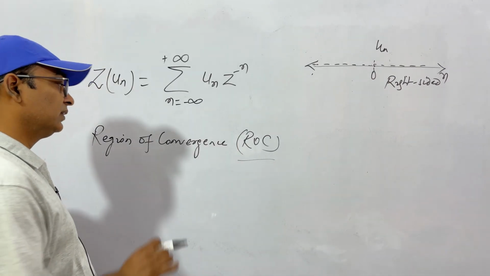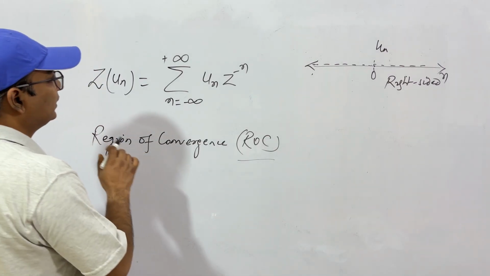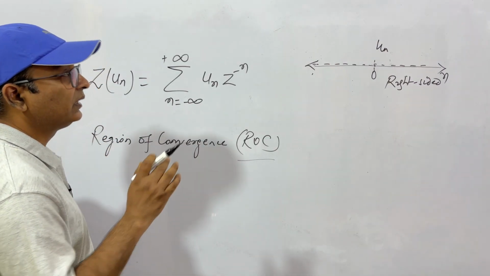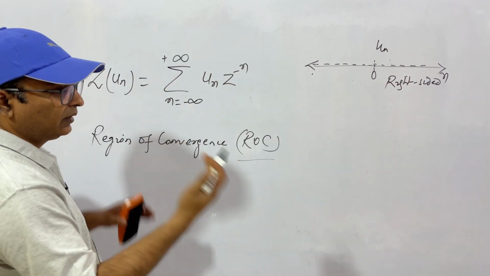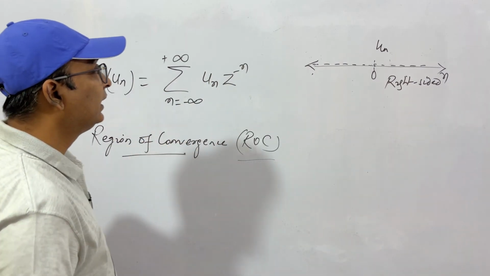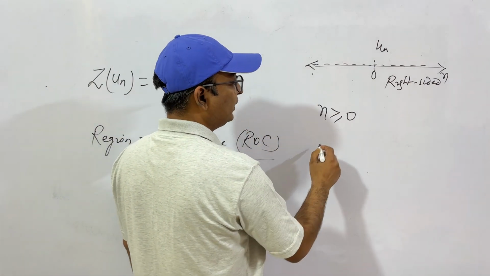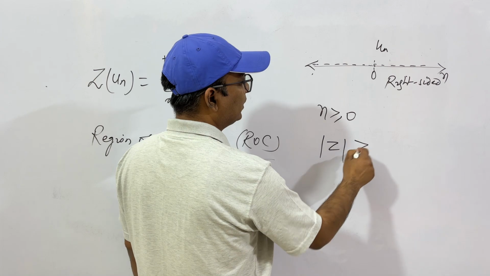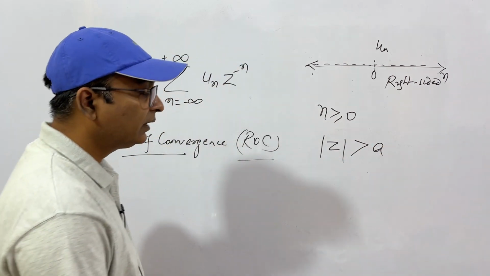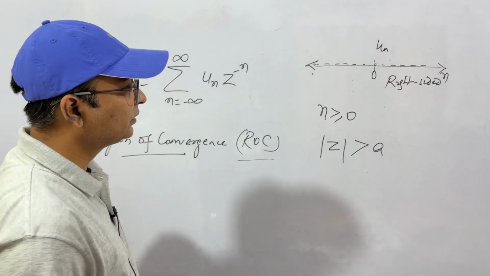The definition is the region on the Z plane where the transform of un converges absolutely. And for n greater than or equal to 0, in the starting only we had seen this is possible when z is greater than a.